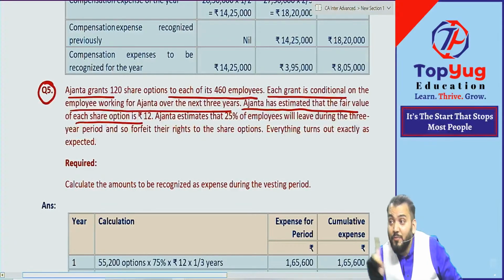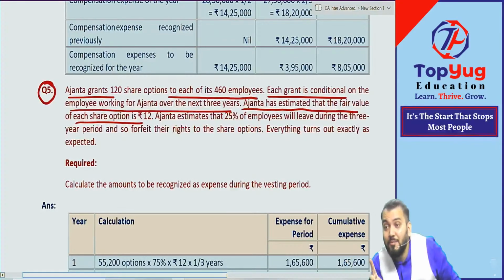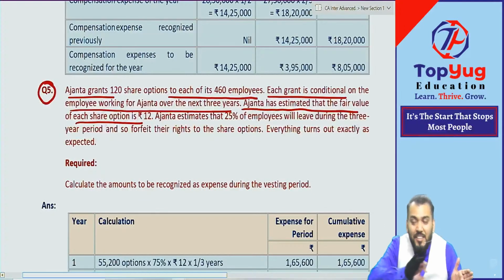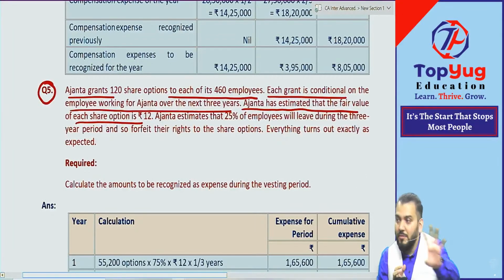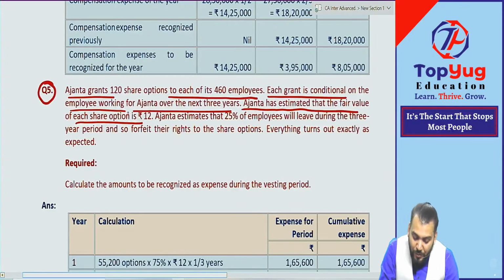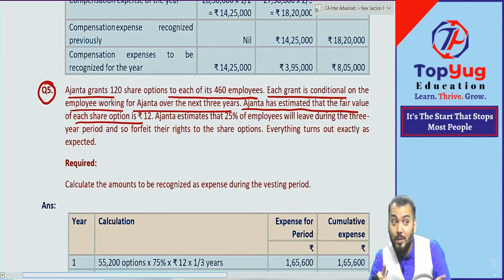Fair value of shares is not required. What is required? Fair value of option. Option is different. Shares is different. Option means right. Option means my right. Correct? And the value of the right is determined from the fair value of shares. Understood? Have you understood this point? So in this it is options only. In one question it will come as fair value of shares.